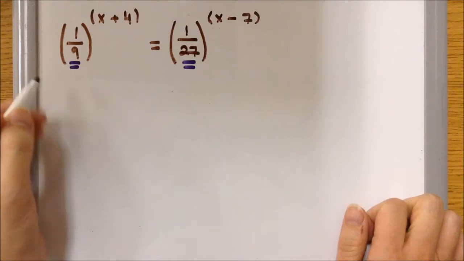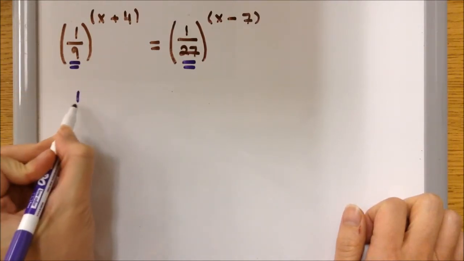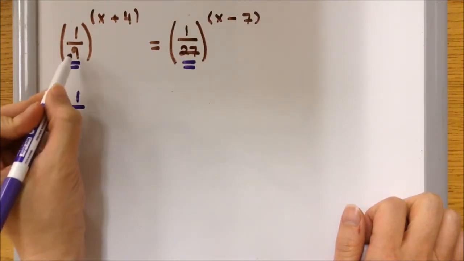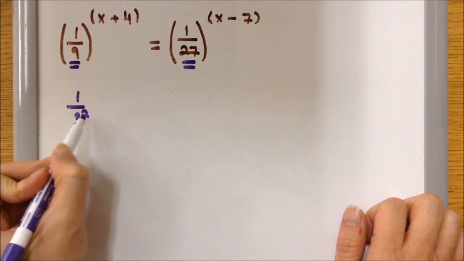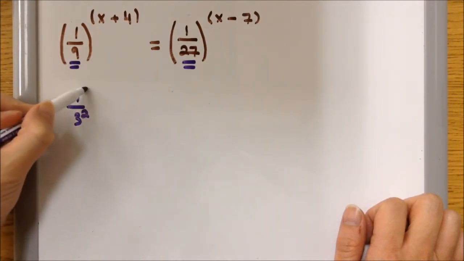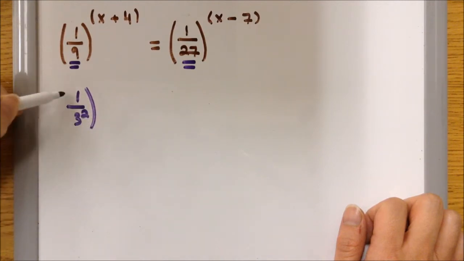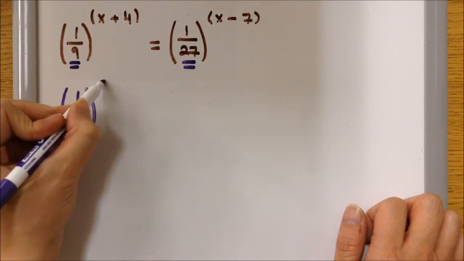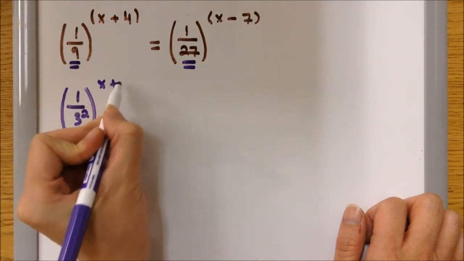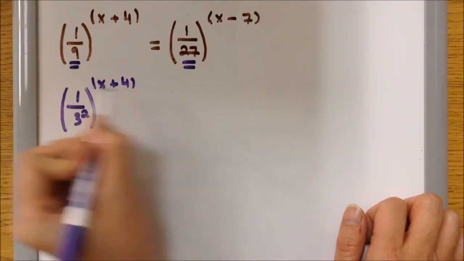So 1 over 9 will be the same as 1 over 3 squared, because 3 squared is 9. The whole thing powered by x plus 4. And then equal sign.